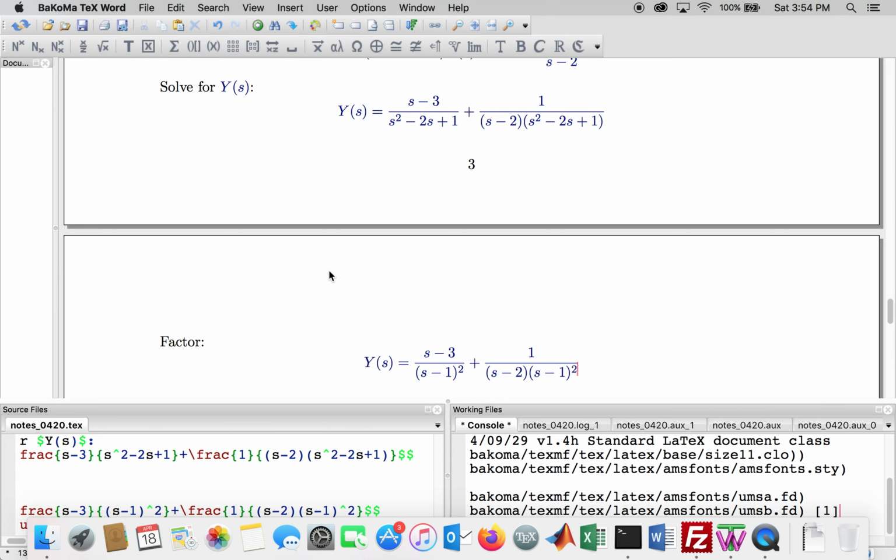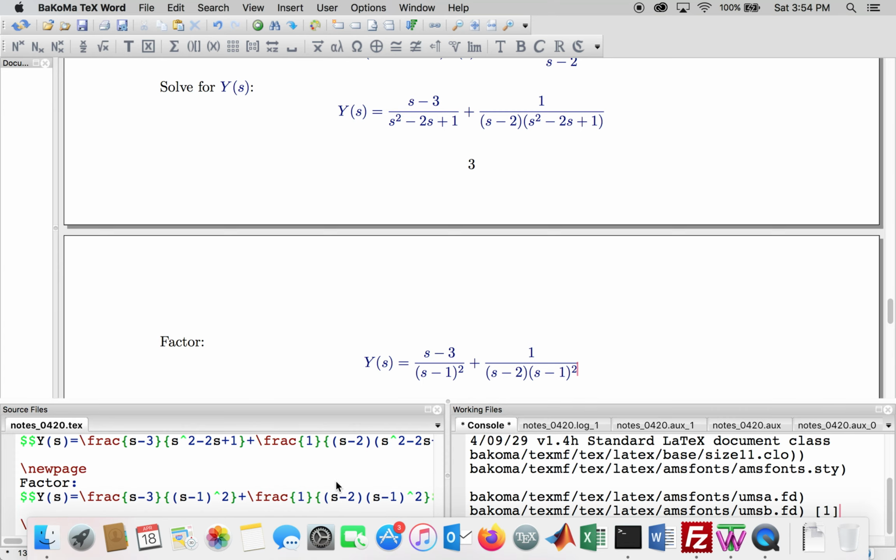So what I'm going to do next is put everything over a common denominator. So I'm going to throw in a factor of s minus 2 here. Okay, and then I'm going to multiply this one out.